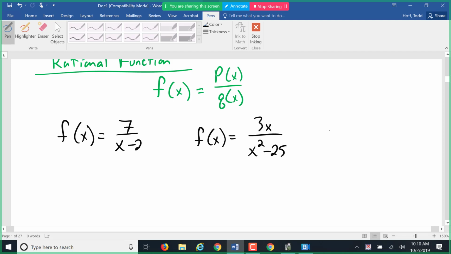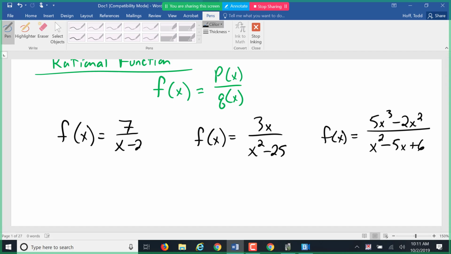Or we could even have f of x equals 5x to the third minus 2x squared over x squared minus 5x plus 6. Those are all rational functions.